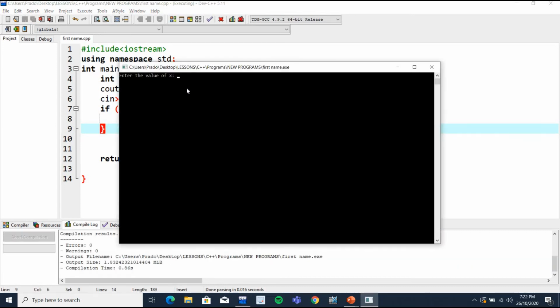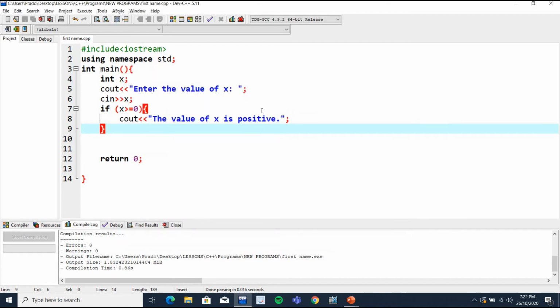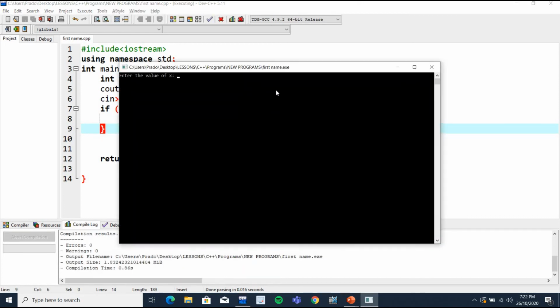And then enter the value of x. For example, 8. So, the value of x is positive. Paano naman kung negative yung in-enter po ni user? So, for example, negative 55. Ayan. So, kung mapapansin nyo po, wala pong display na information. Automatic na nag-end yung mismong program.